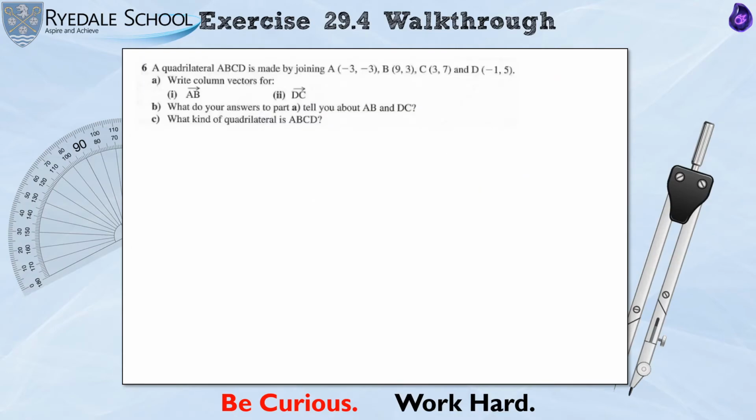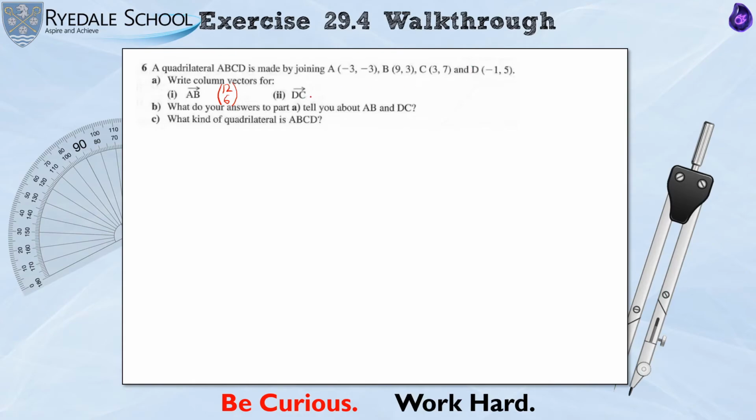Okay, question 6 is similar to a question we've seen previously because there's no diagram. So we are going to be looking at the coordinates and trying to figure out, if we can, what these column vectors are. So A to B, this time we are going from -3 to 9, and -3 to 9 is 12, comparing the x numbers, and -3 to 3 is moving 6.